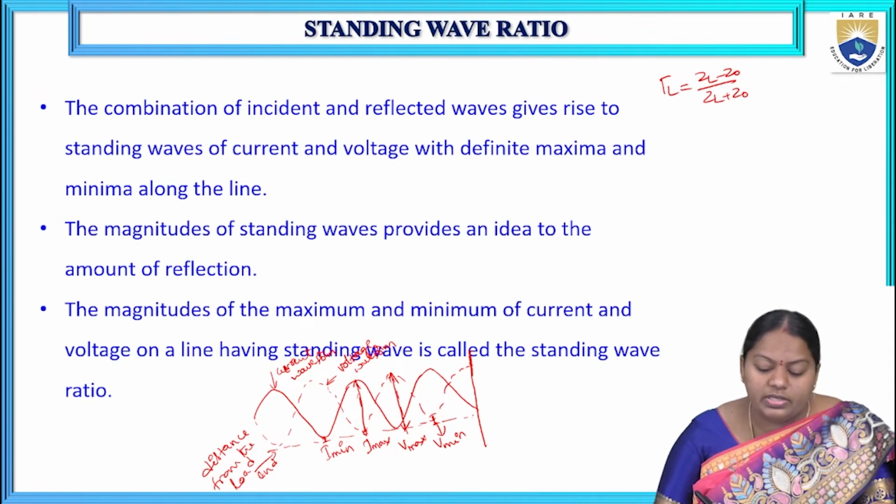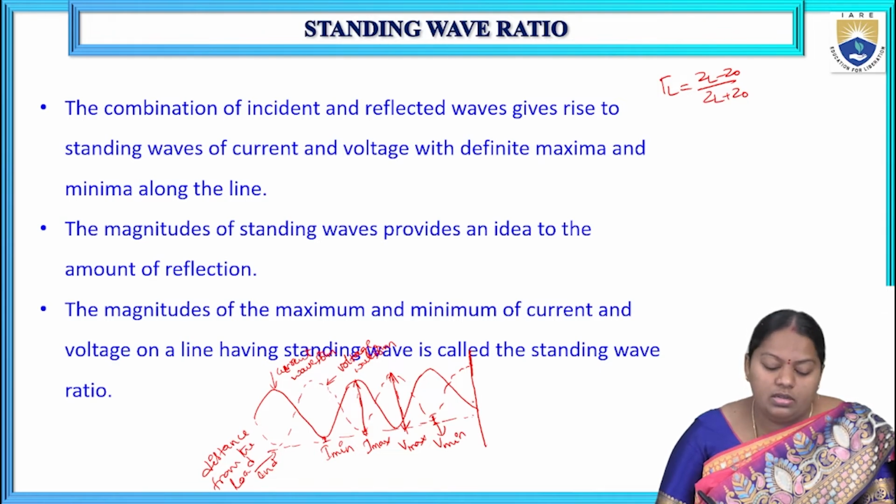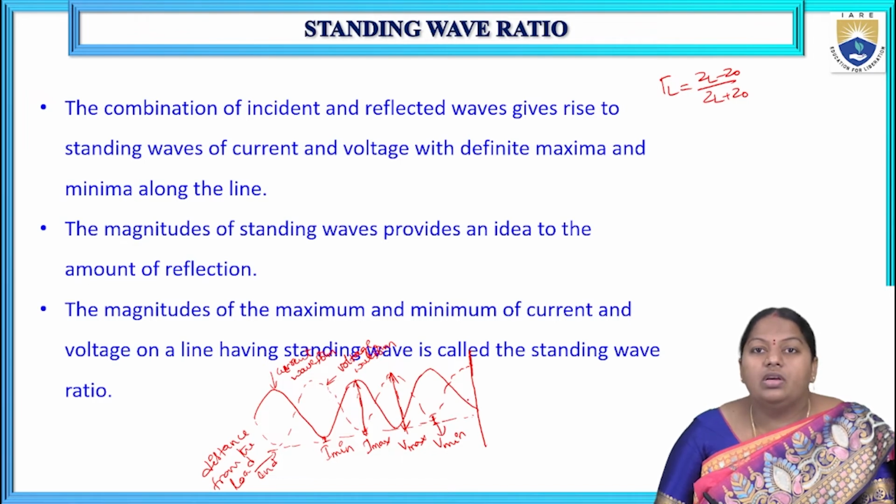The magnitudes of standing waves give an idea of the amount of reflection. The ratio of the maximum and minimum magnitudes of current and voltage on a line having a standing wave is called the standing wave ratio, denoted by S.